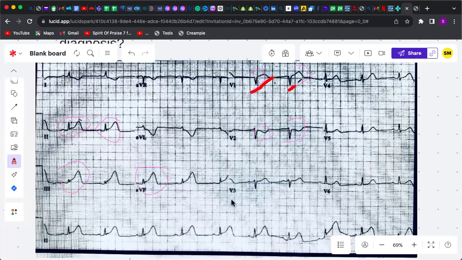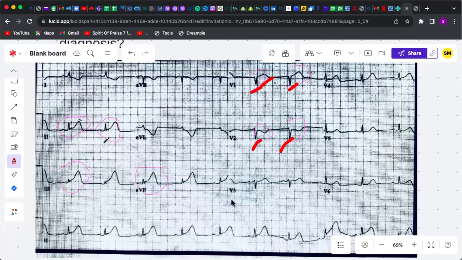You can see that here, right? And we are seeing ST depressions in V2. So that would suggest that there's something going on on the right side, in the right ventricle. Okay.